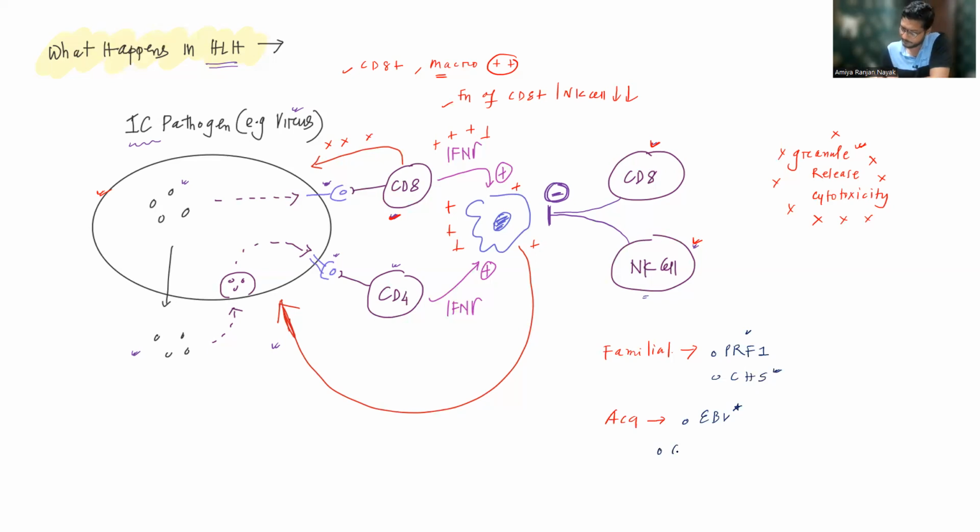Similarly, many connective tissue disorders can cause HLH. And in connective tissue disorders, this HLH is known as macrophage activation syndrome. So basically, HLH and macrophage activation syndrome are synonymous.